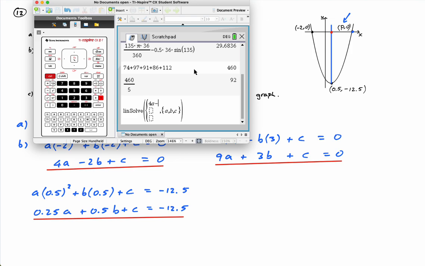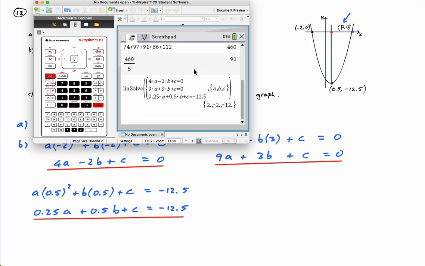Look at this: 4a minus 2b plus c equals 0. You don't even have to rearrange them. 9a plus 3b plus c equals 0. And finally, 0.25a plus 0.5b plus c equals -12.5.